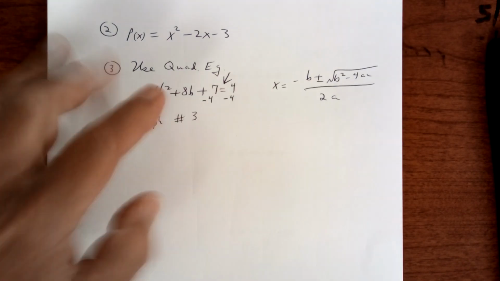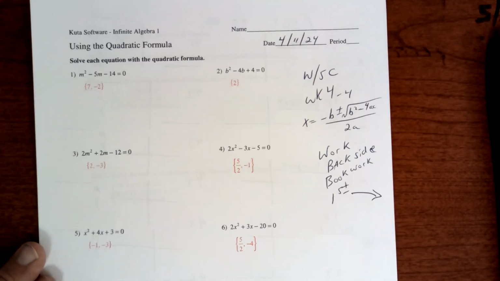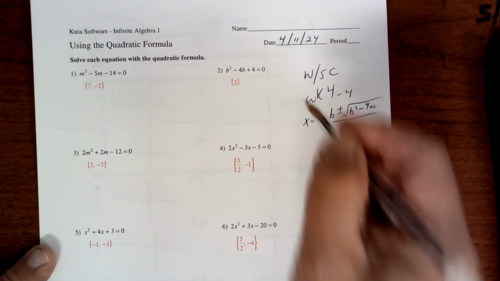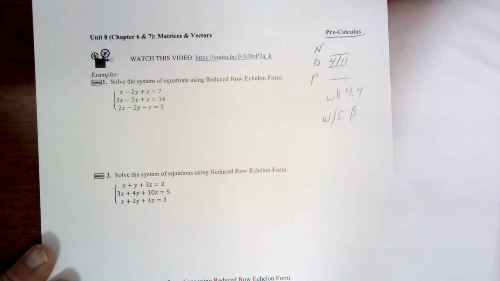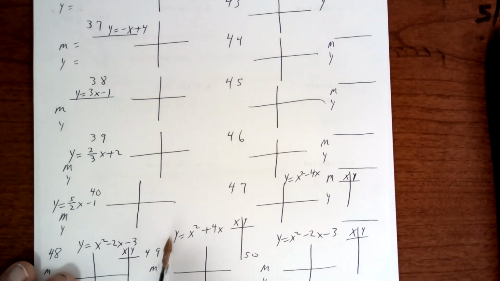Today you have this work right here. All right, so all of these right here, I want you to graph it. Let me think about this. No, I want you to use the quadratic formula. So use the quadratic formula on the front, but on the back, I want you to graph these. So it starts off with lines, but down here it comes to this right here, quadratics, okay?